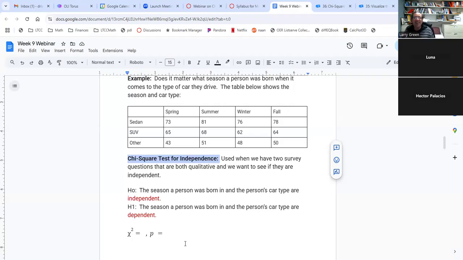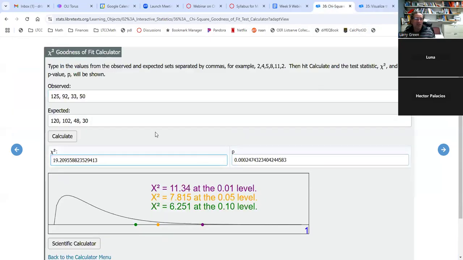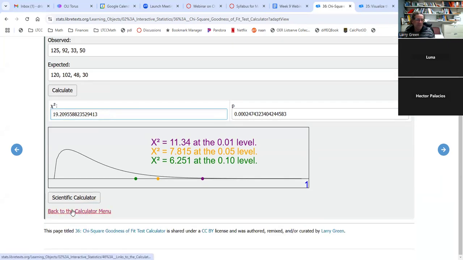All right, so what do you think we need to do at this point? Yeah, we need to go to the calculator. Will the calculator that we just used work? Yeah, definitely not. This is not what we want. We're not using a goodness of fit test. So go back to the calculator menu.